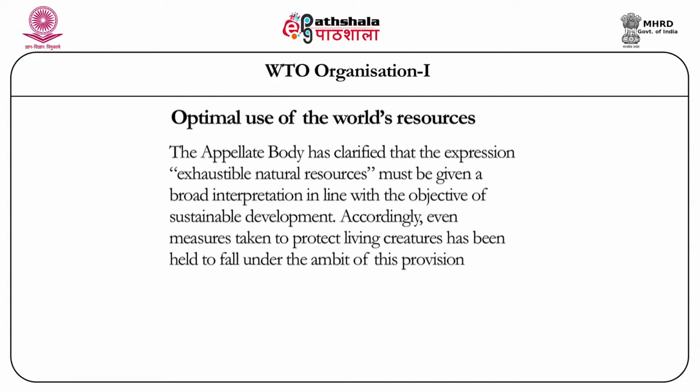The Appellate Body has clarified that the expression exhaustible natural resources must be given a broad interpretation in line with the objective of sustainable development. Accordingly, even measures taken to protect living creatures have been held to fall under the ambit of this provision.